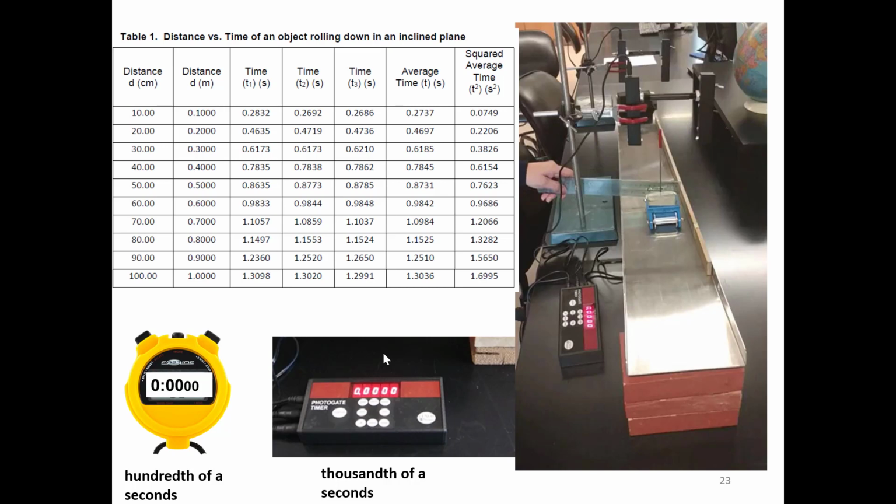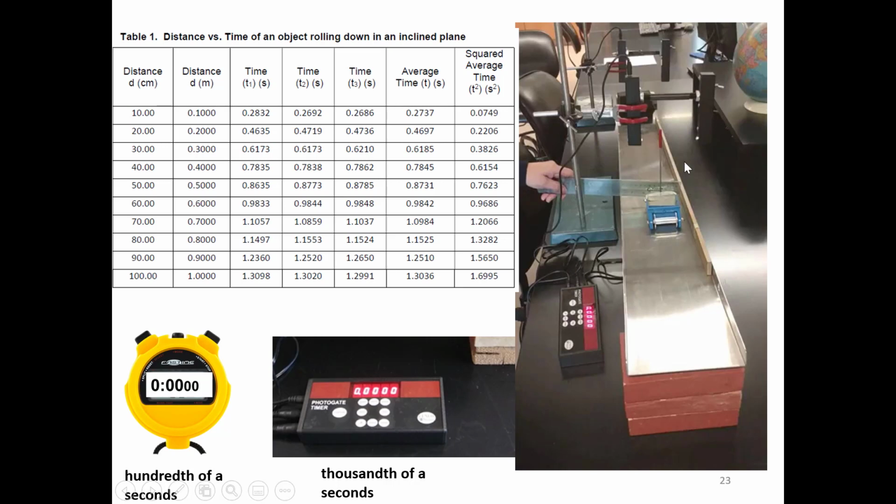In this graph on top, these are the sensors, and they will be activated once this flag on the car passes through them, and then the time will start running.